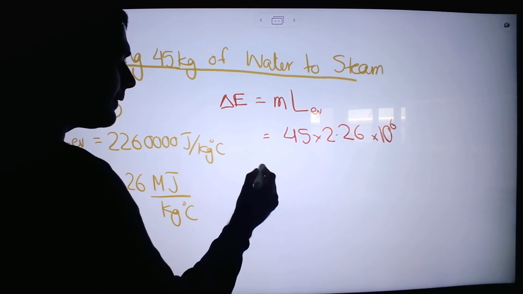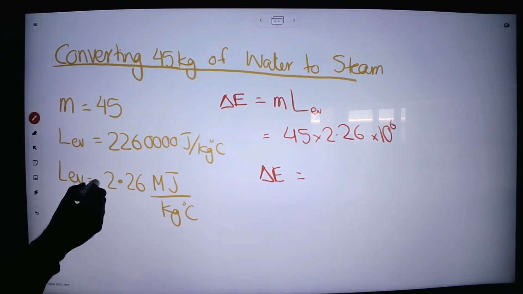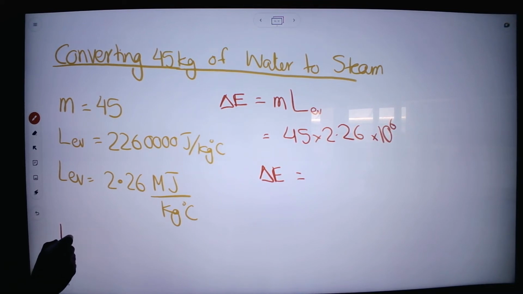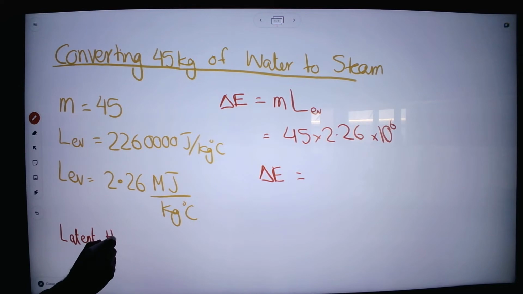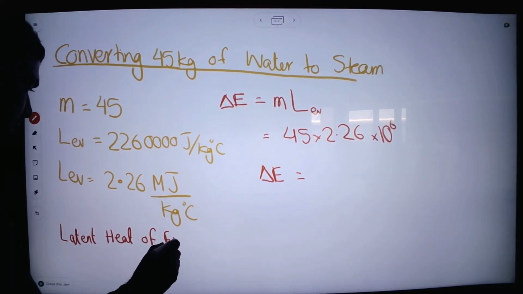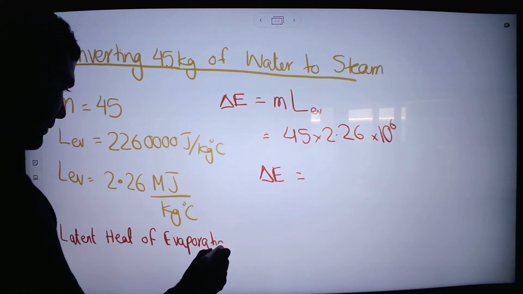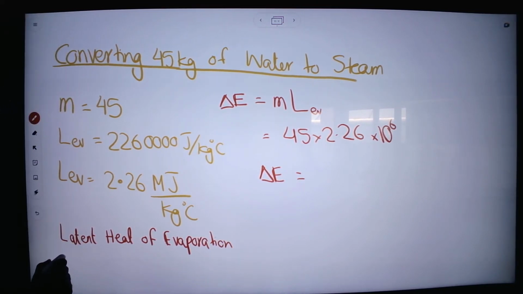Oh wait, so what's this? That's LF, is it? What's LF? LF is latent heat of evaporation. Right. So what's the formula of that?